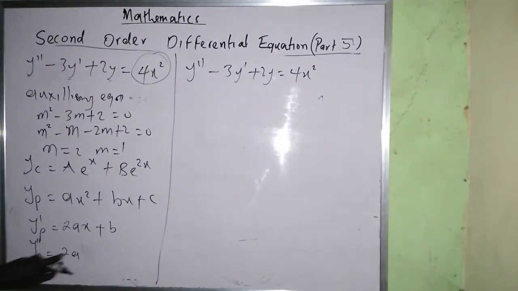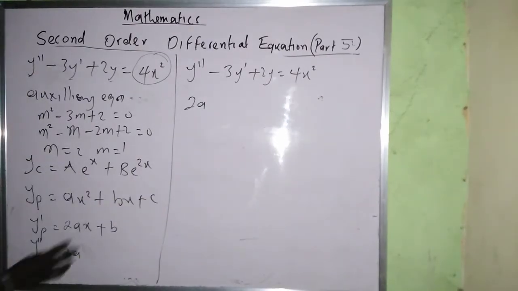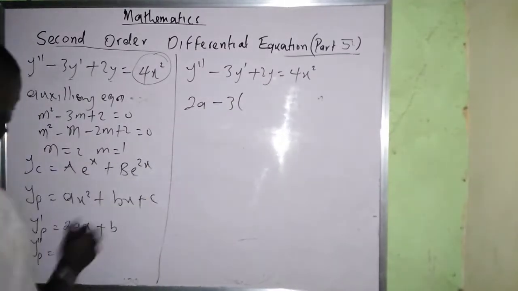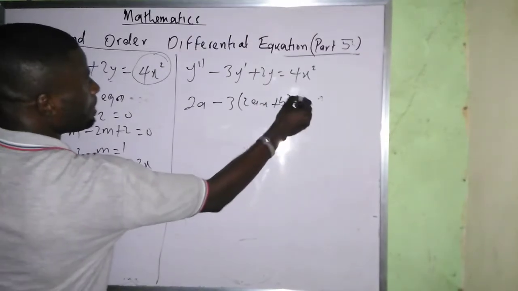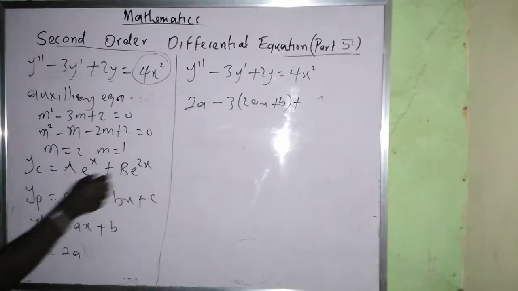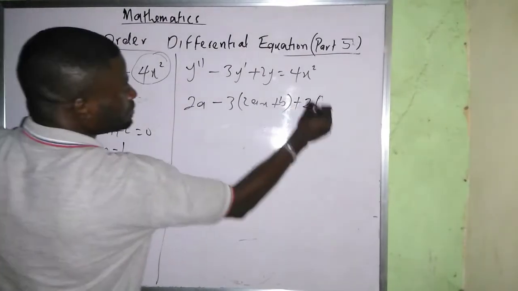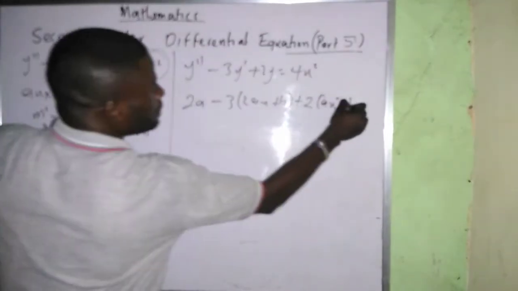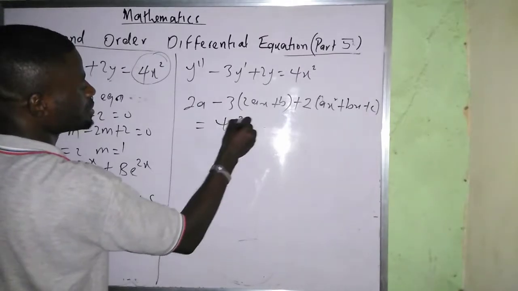Now, I will substitute. I have 2a for my double prime, minus 3 bracket of 2ax plus b, plus 2 bracket of ax squared plus bx plus c, equals 4x squared.